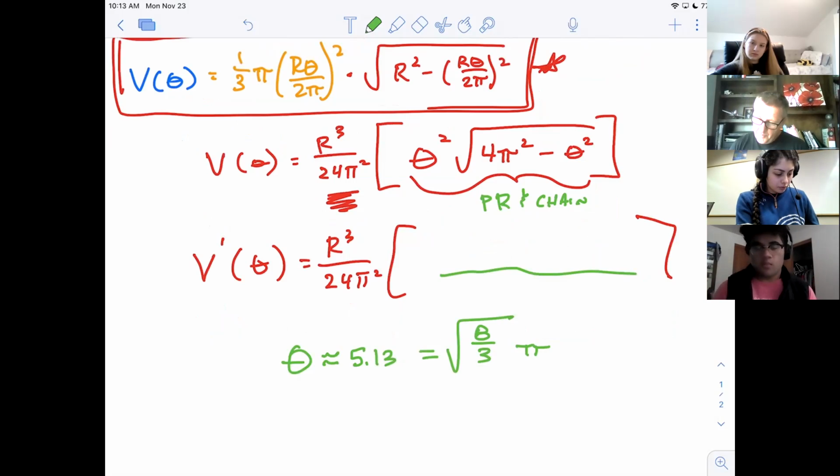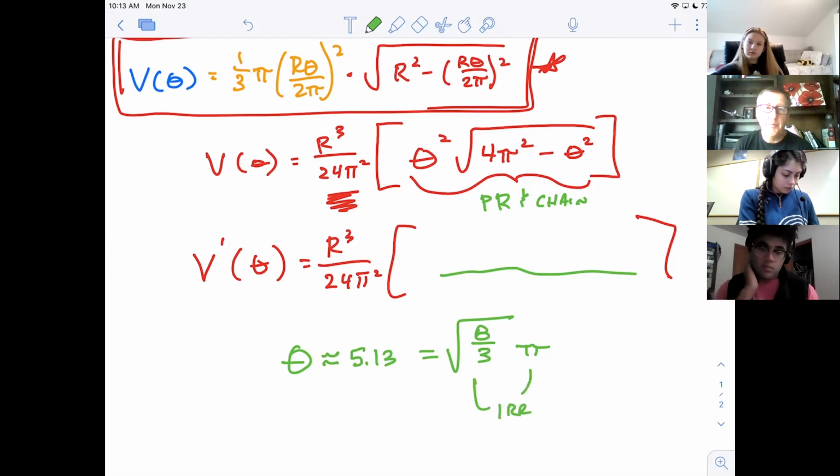This number right here is irrational, and it's multiplied by pi, which is also irrational. So this is as irrational as a number could possibly get. So the reality is you can't actually make the perfect cone because there's no way to measure something that accurate. It's impossible in a theoretical sense. Practically, 5.13 is plenty close enough. Or as I said, 294 degrees, close enough. That's kind of cool.